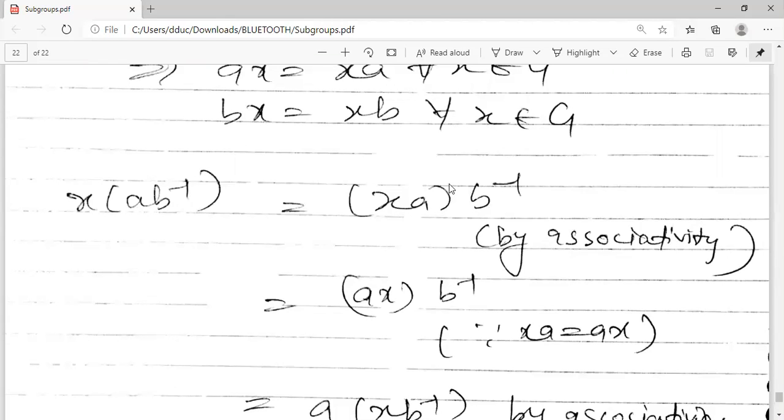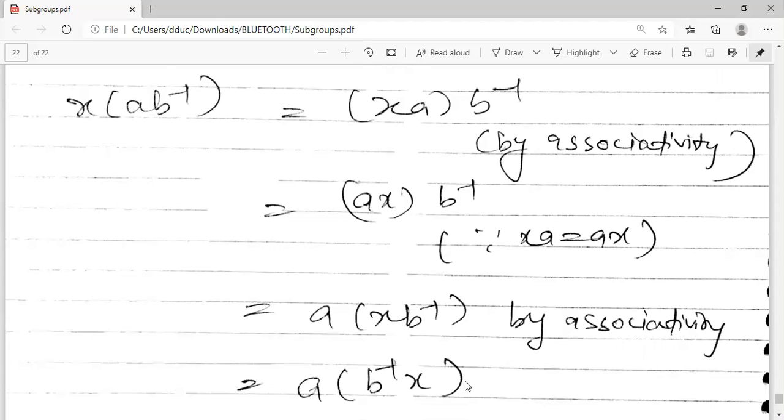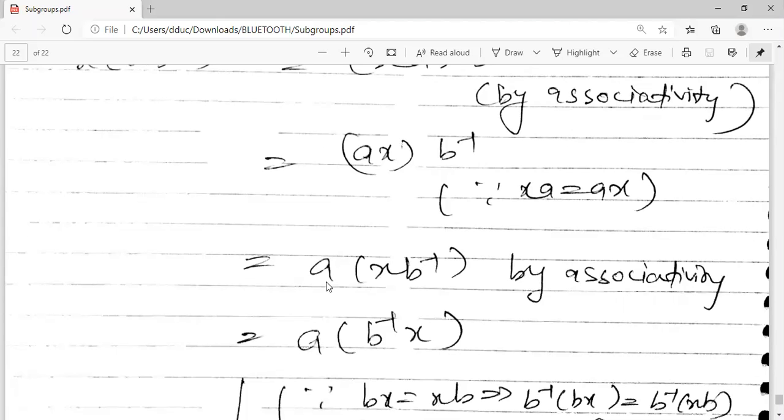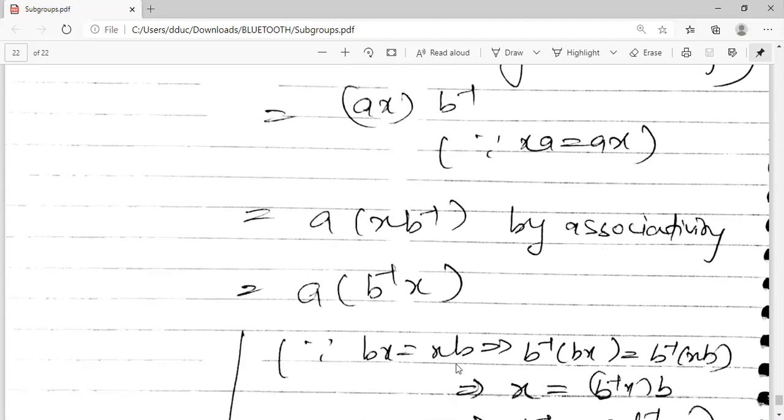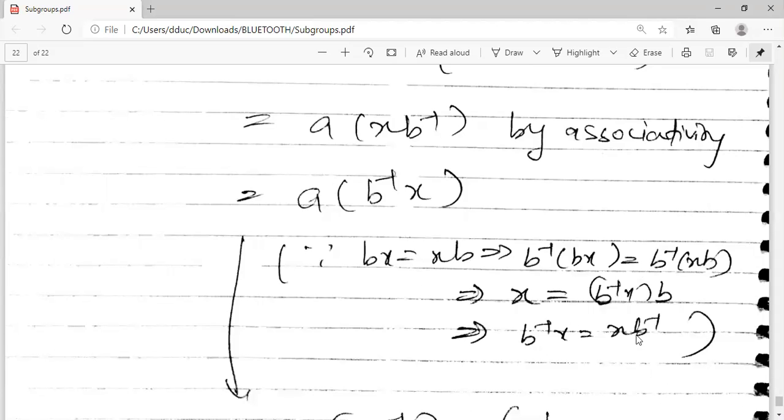Here I'm using associativity, so XA can be combined together. Now XA is equal to AX, it is given here, so AX into B inverse. Now again I'm using associativity, so this will be equal to A into XB inverse. Now again here XB inverse will be equal to B inverse X, because BX is equal to XB.